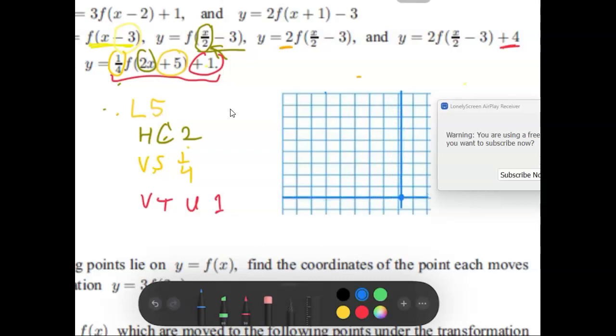Okay. So the regular parabola looks like that. Okay, and I'm going to do a horizontal compression by 2. So, first I'm going to go left 5. 1, 2, 3, 4, 5. Okay, so first I do left 5.